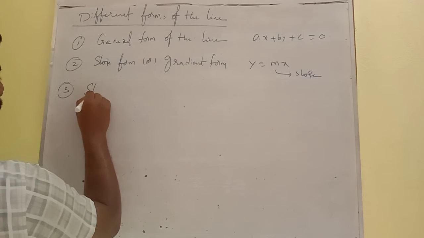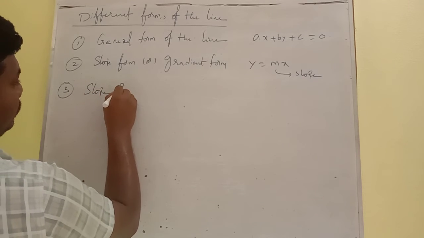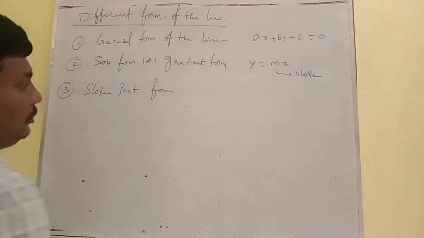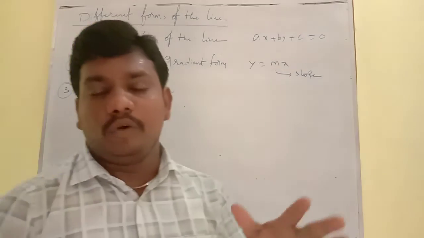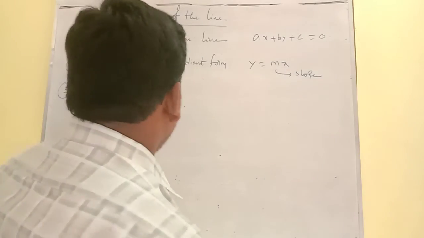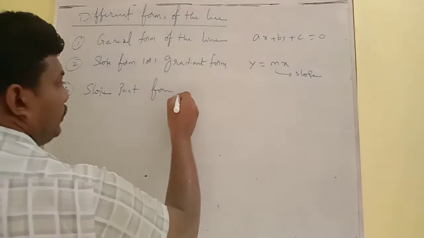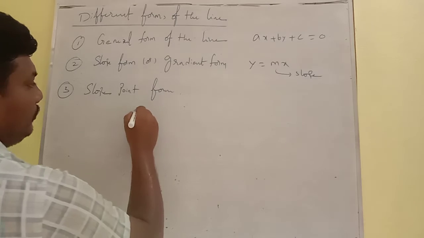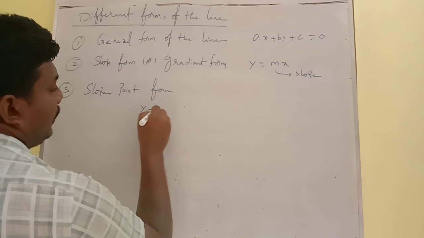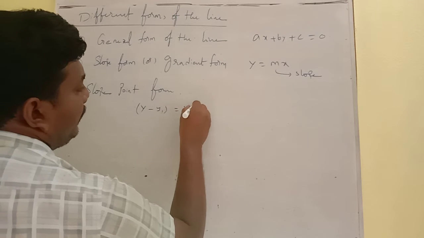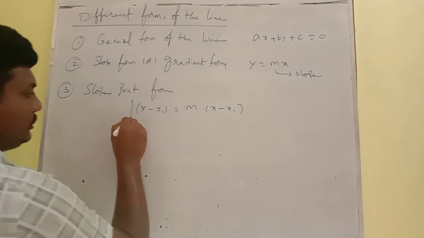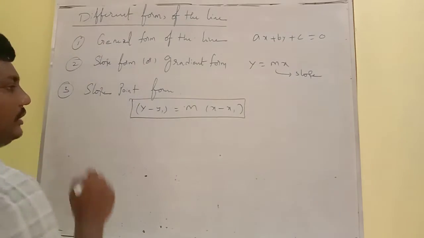Next, coming to slope point form. If one slope m and a point are given, then how to find the equation of the line? The line equation in slope point form is y minus y1 is equal to m into x minus x1.